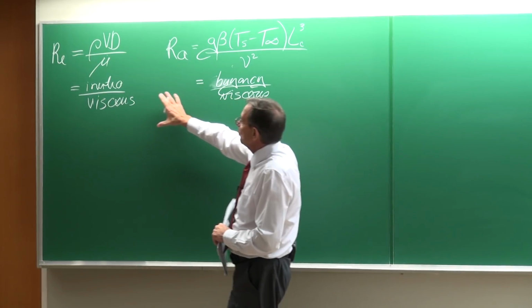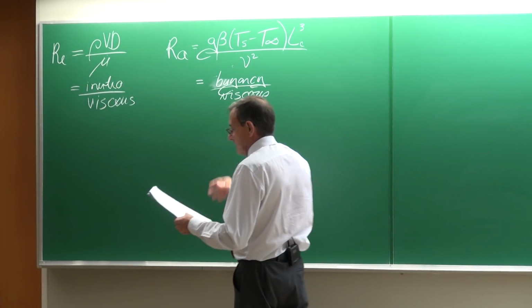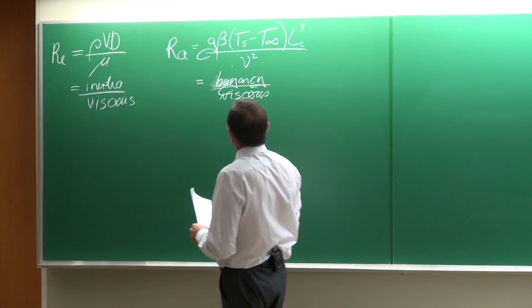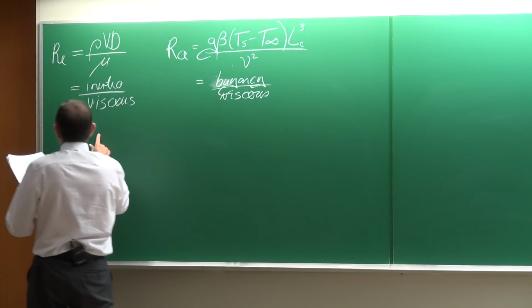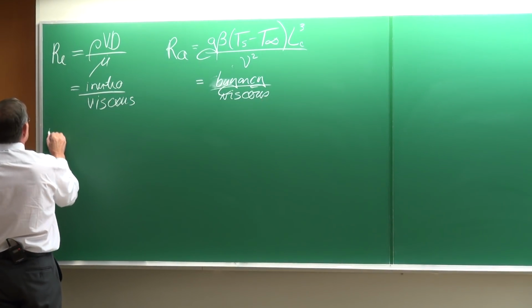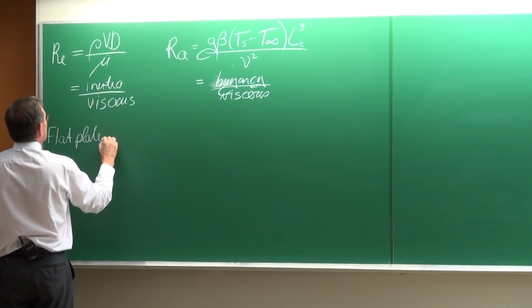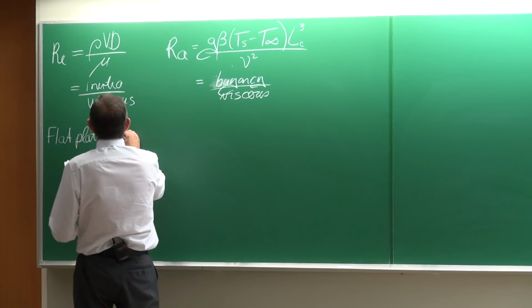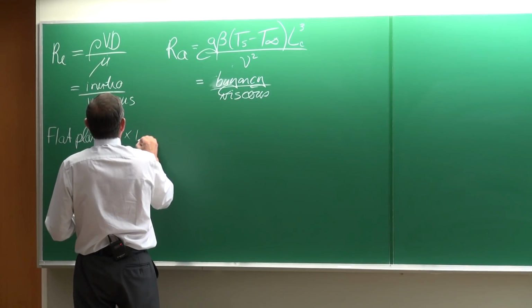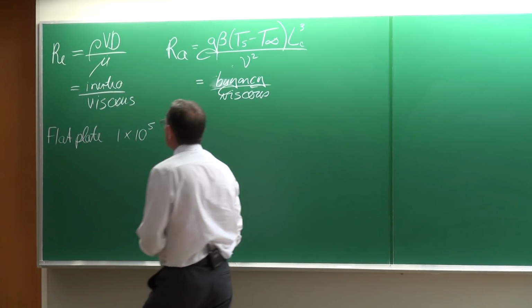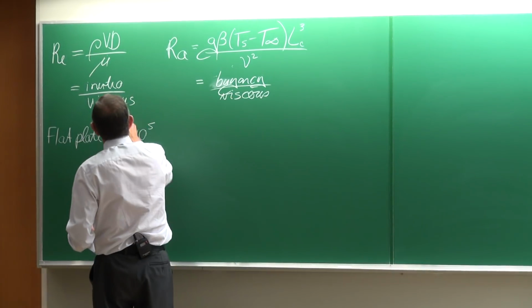Therefore the Reynolds number doesn't really play a big role. For a flat plate, transition in the Reynolds number typically occurred at 100,000. Okay, so that is the Reynolds number.